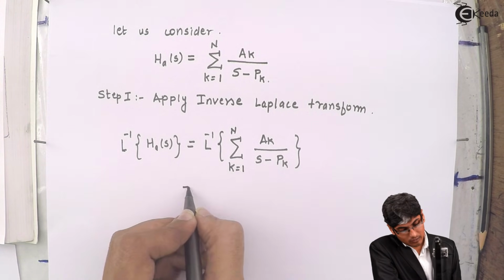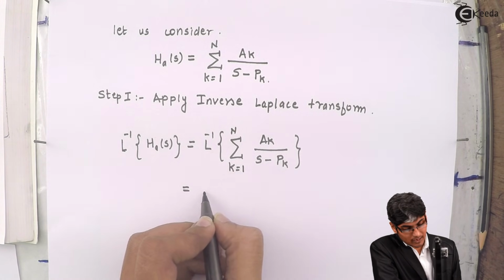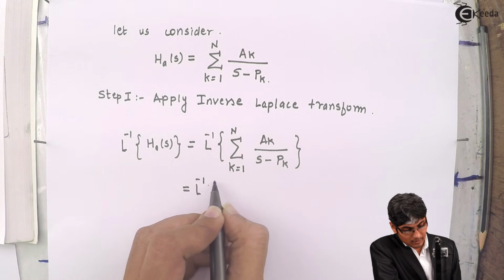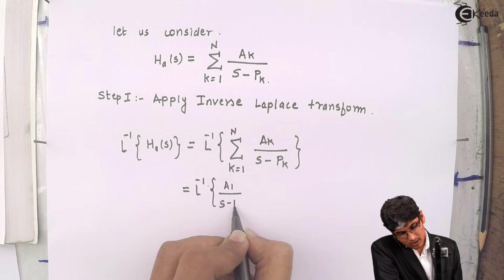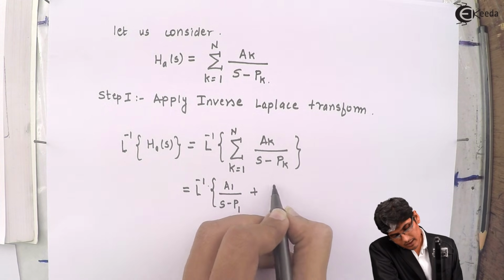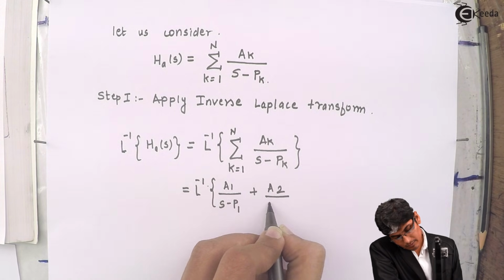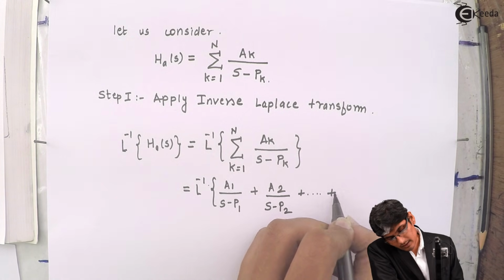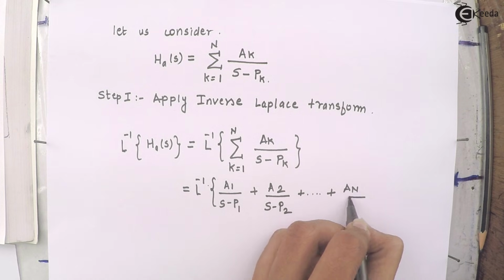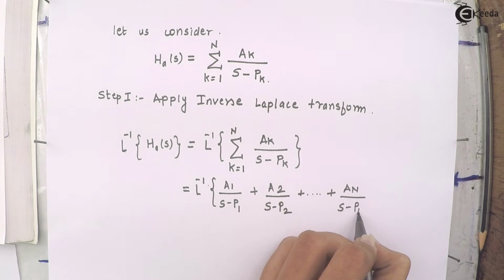Okay, now how can I write this summation? I can put values of k, so it will be like this: Laplace inverse of a1 upon s minus p1 plus a2 by s minus p2 plus dot dot dot plus an upon s minus pn.